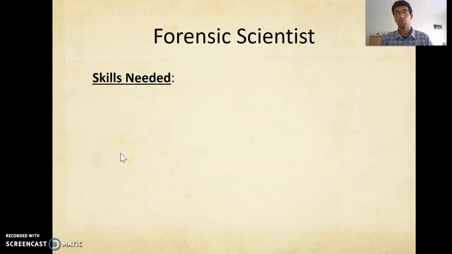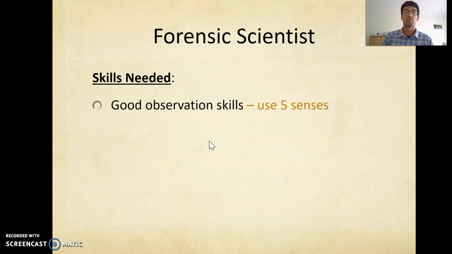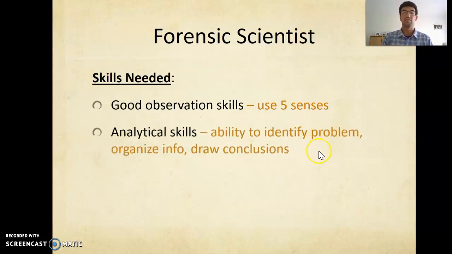And say you do go to college and you want to be a forensic scientist. Well, what skills do you need? You need good observation skills using all 5 senses, especially at a crime scene. You need analytical skills, the ability to identify a problem, organize info, and draw conclusions.